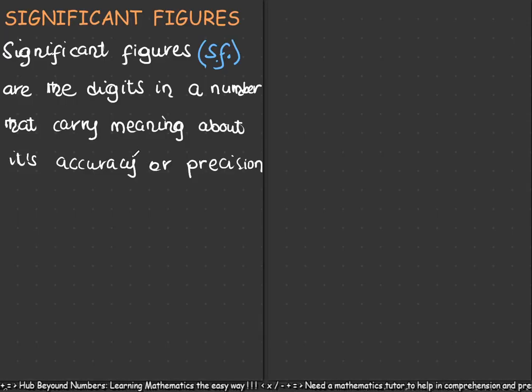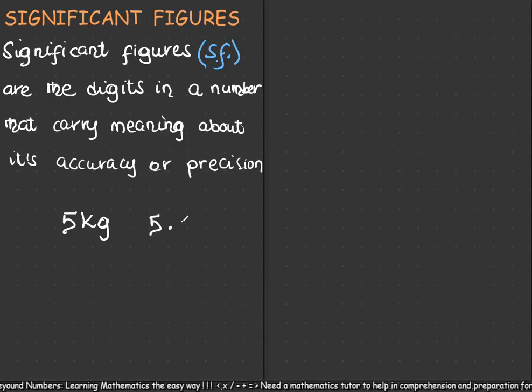So let's say we want to measure a bag of rice. Now, as you measured, you realize that it was 5 kilograms, right? But someone else comes and uses a more sophisticated instrument, and the person has 5.02 kilograms.